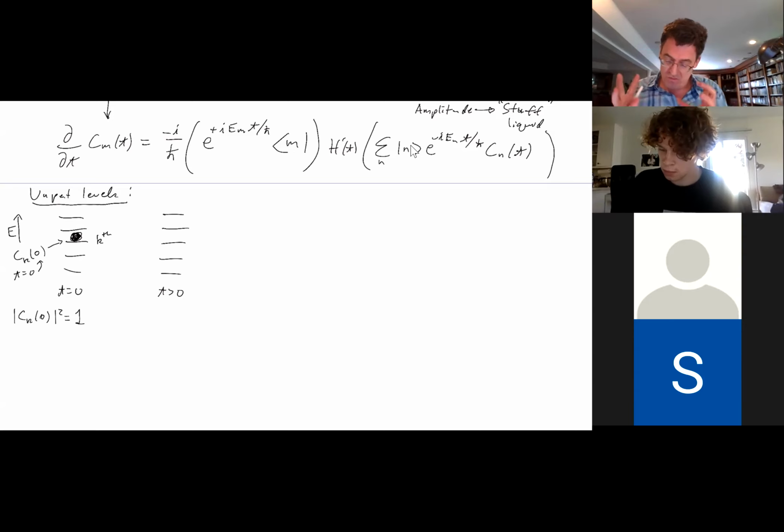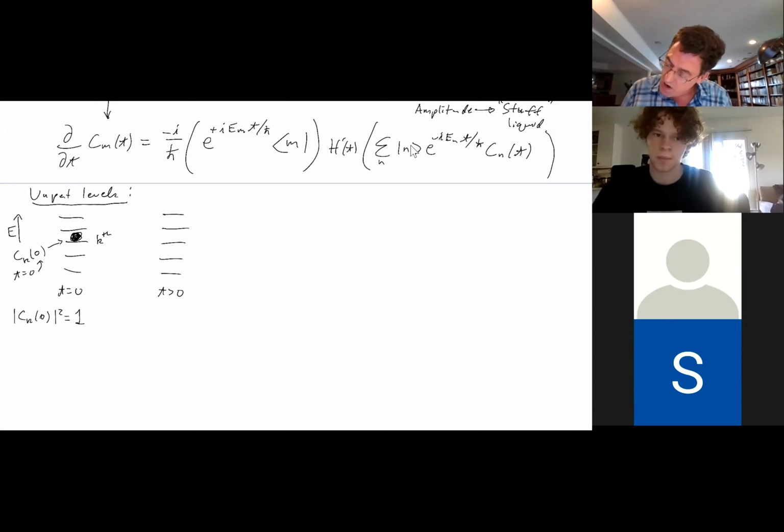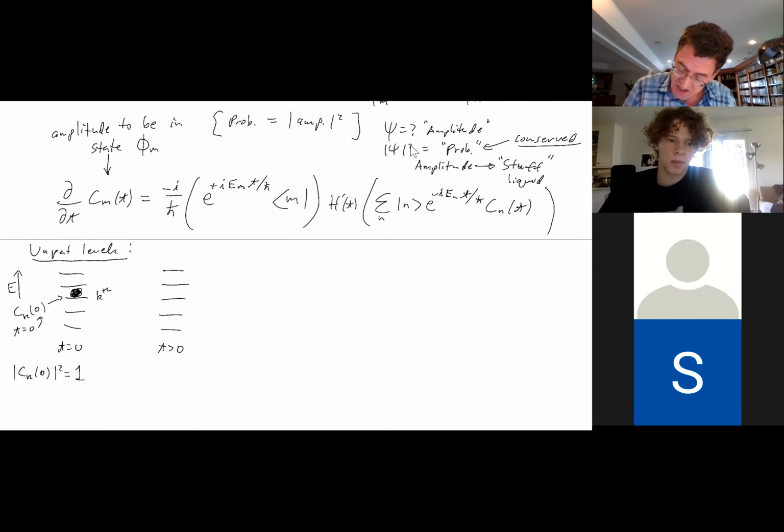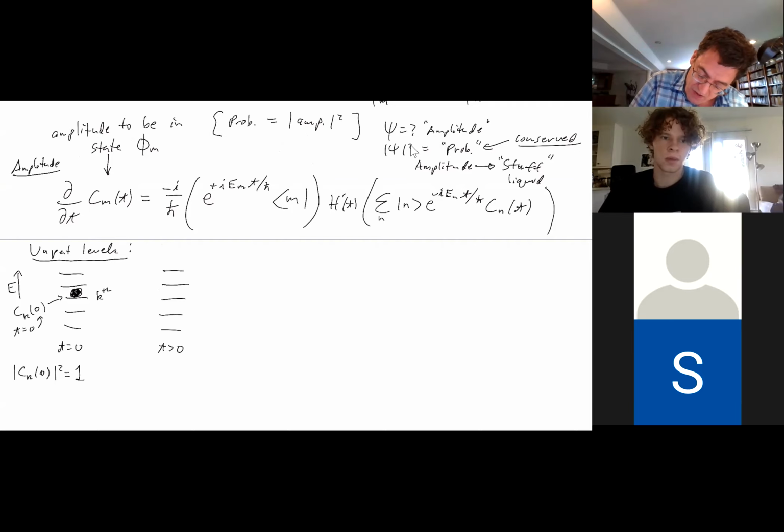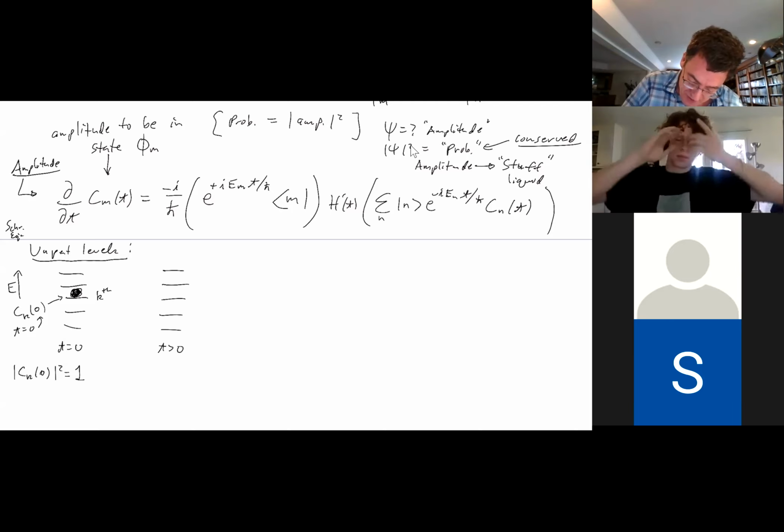Now it's the probability that's conserved, but the problem we have is that this equation is all about amplitude. That's one of the tricks of the Schrodinger equation. By the way, this big ugly equation I've drawn is the Schrodinger equation, just rewritten in a funny way.